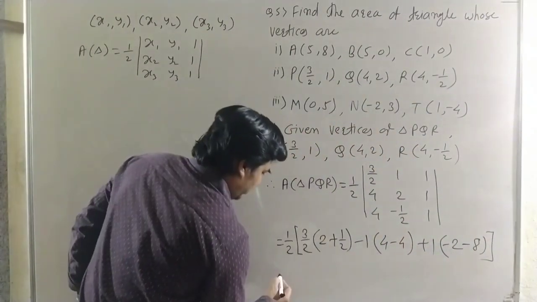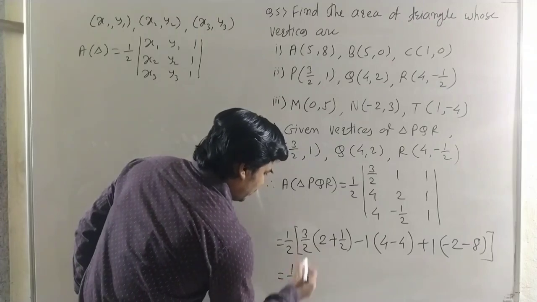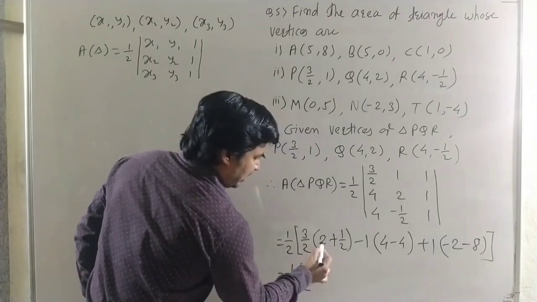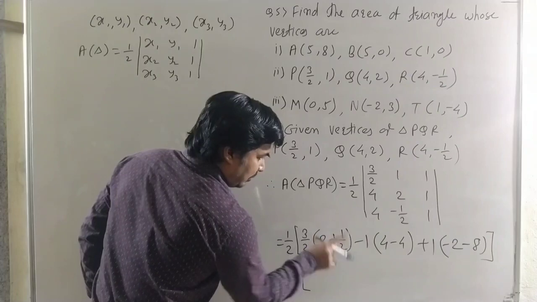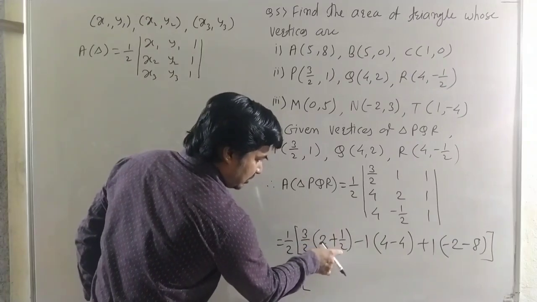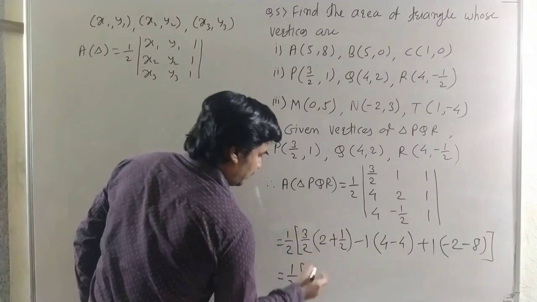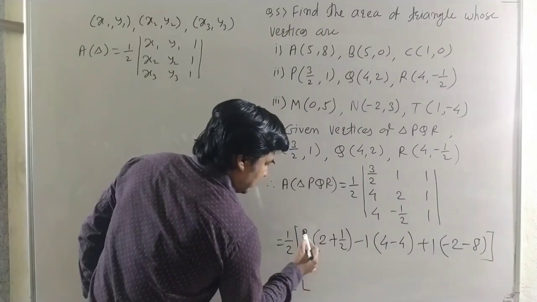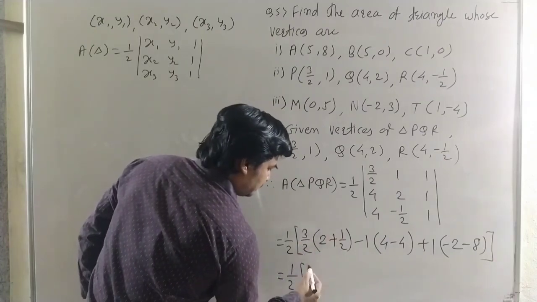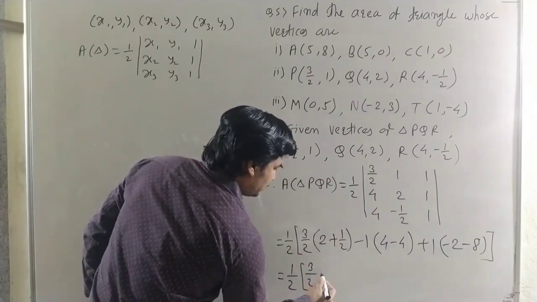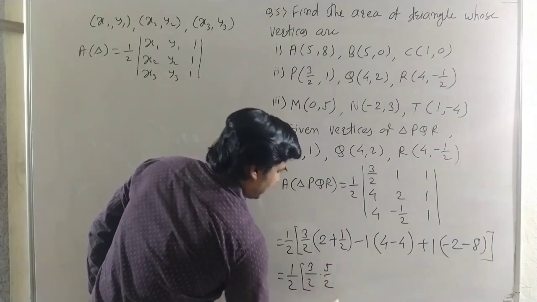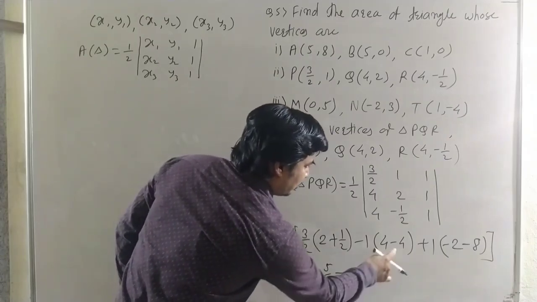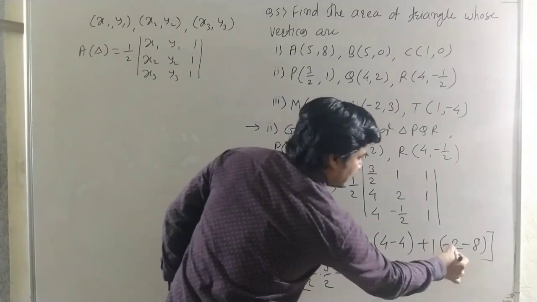Now it is 1/2 into, here 2 plus 1/2, see carefully, is 5/2. That means 3/2 into 5/2 is 15/4, minus 0, since 4 minus 4 is 0, and here minus 10.